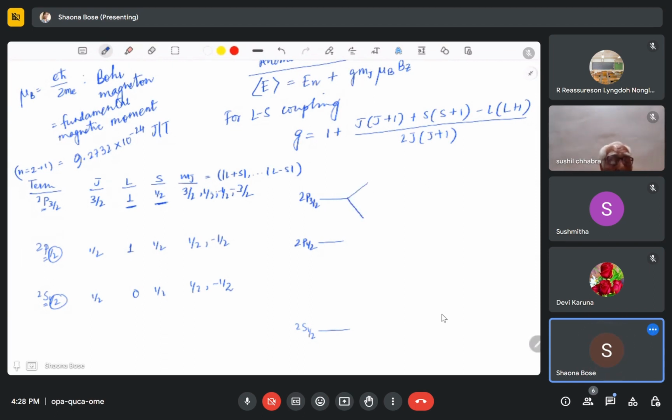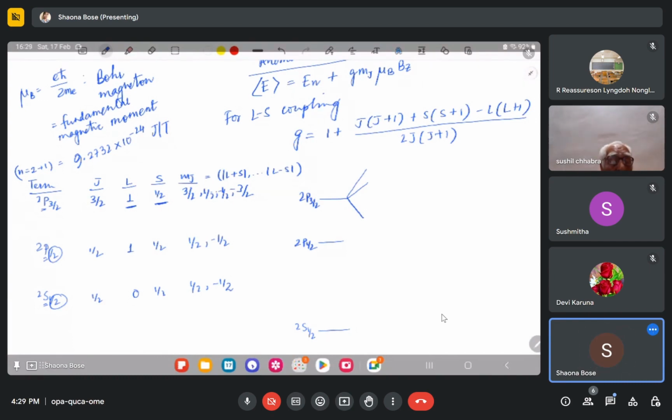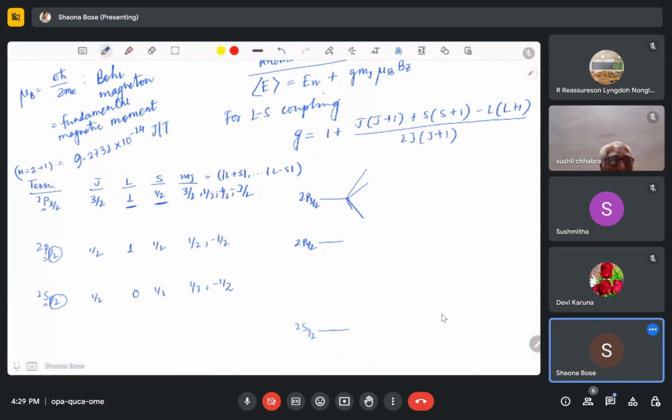When you switch on the magnetic field, this will split up into 4 levels.